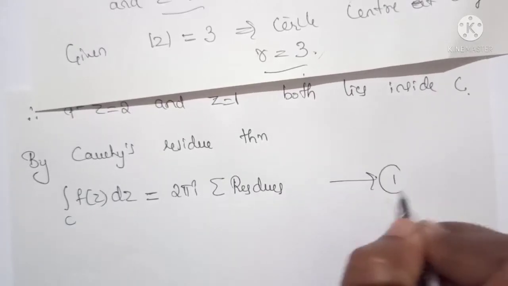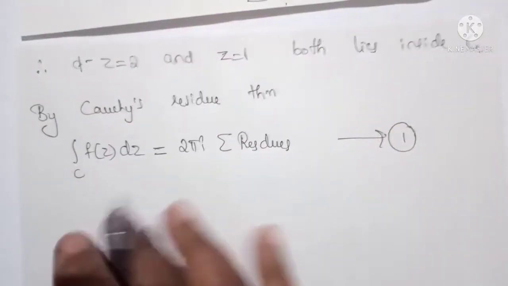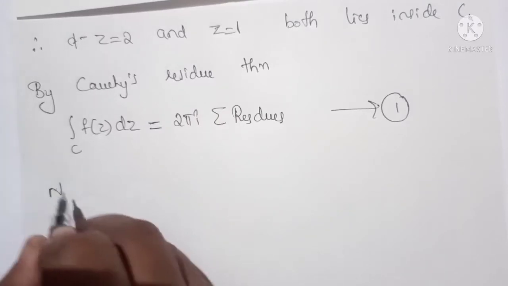Consider this as equation 1. Now we find the residues at each pole.